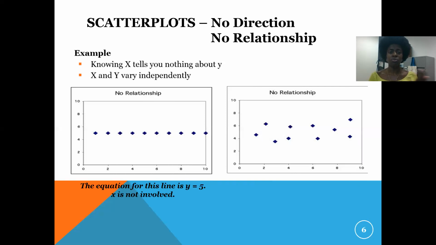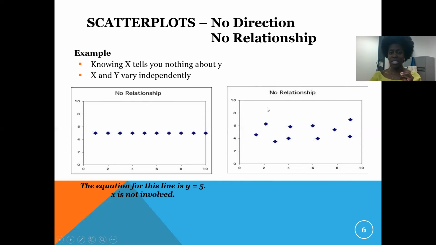Okay? And so, again, here's an example of no direction again, right? In the first one, we see as x changes, it's going up. What's happening with y? Doesn't even change. So x changes, y stays put. So there's no relationship there. What happens here?